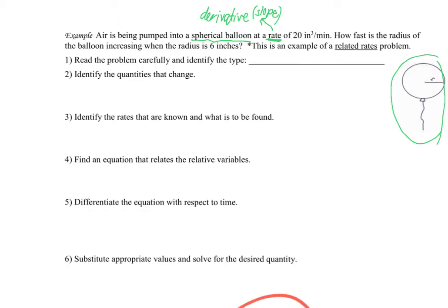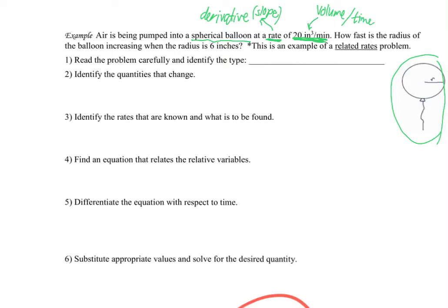Okay, so the rate is 20 cubic inches per minute, 20 inches cubed per minute. Inches cubed is a measure of volume. So volume per unit of time is what we see here.